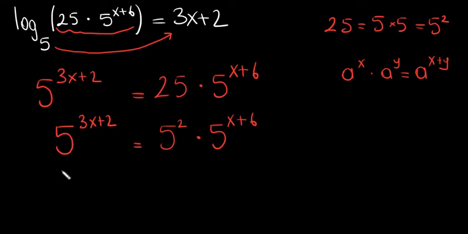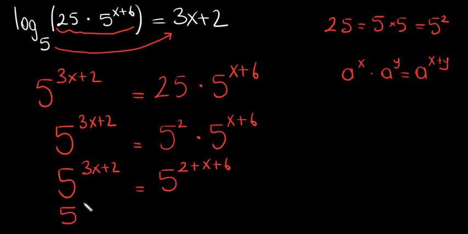That means 5 to the power of 3x plus 2 is going to be equal to, now we add these exponents: x plus 6 plus 2, or we can write 2 plus x plus 6. So 2 plus x plus 6 is equal to x plus 8.